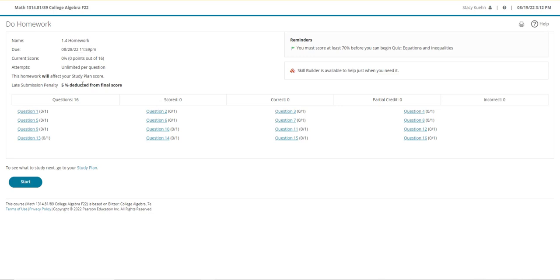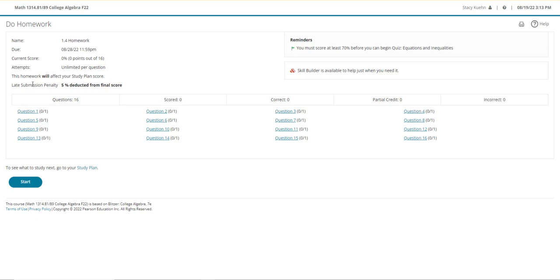The information here in this header is a reminder for when is the homework due, how many attempts will you get on each question, and then you'll notice here that there actually is a late penalty. So if you read through the course syllabus, you'll see that there is a grace period for late work.